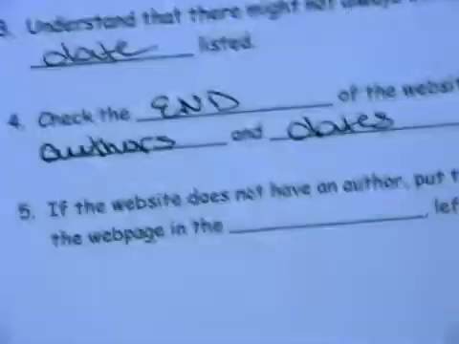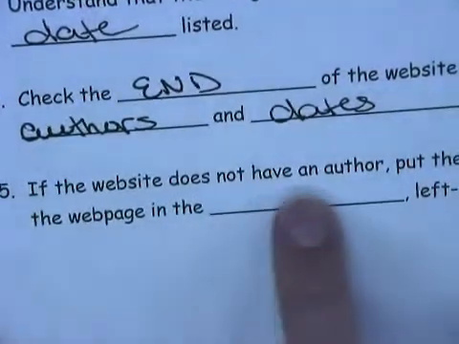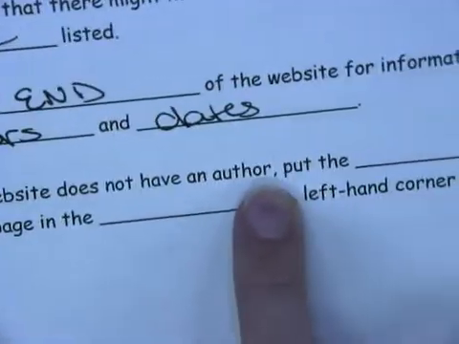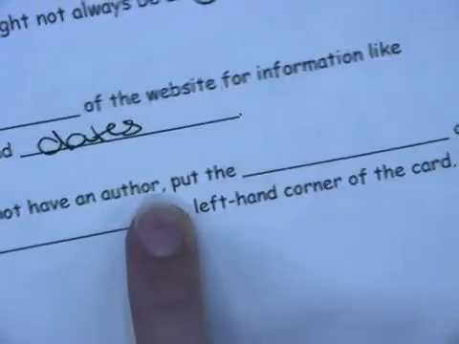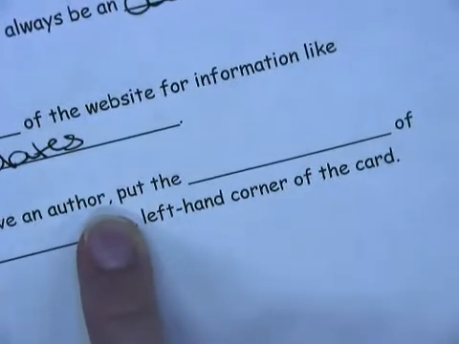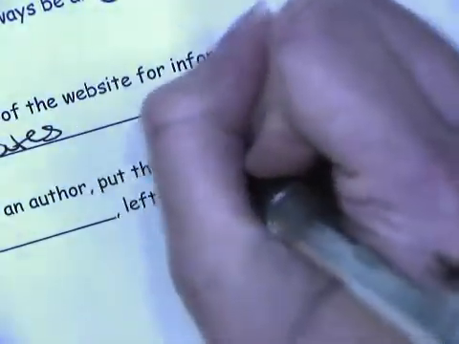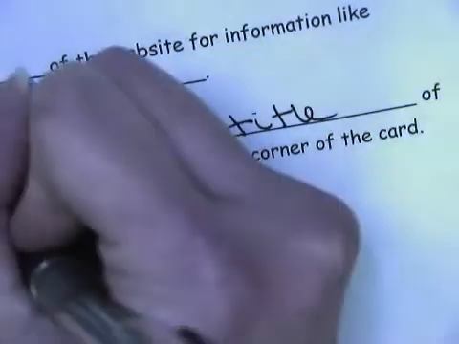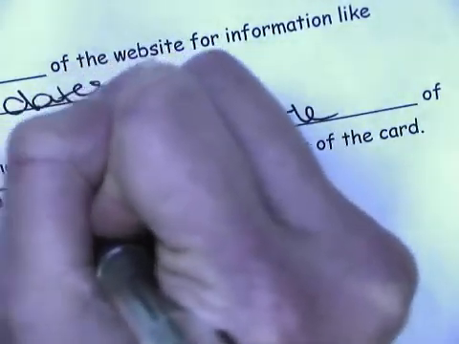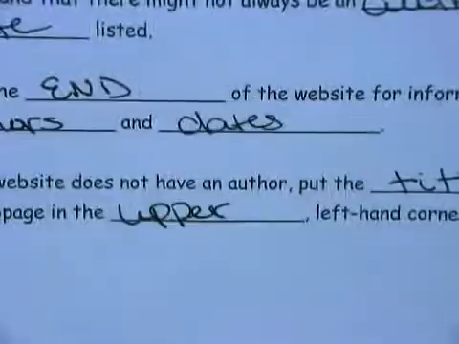And now I'm going to come back to my notes. So it says, if the website doesn't have an author, we need to put the website title or the web page. So put the title of the web page in the upper left-hand corner.